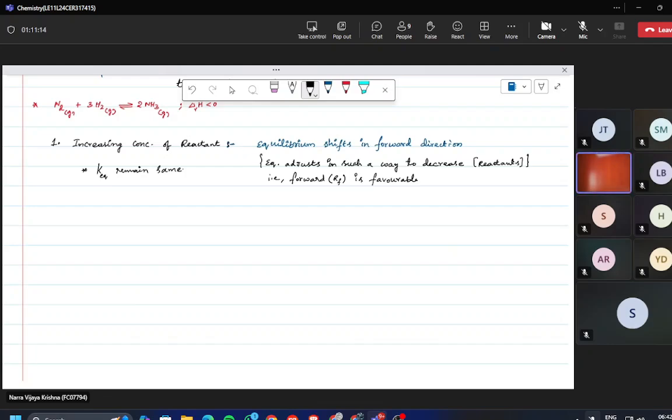Do I say rate of forward is increased or rate of forward is favored? Increasing is different, favored is different. Listen. I will recommend your father to give you 500, please. Your father gave 500.